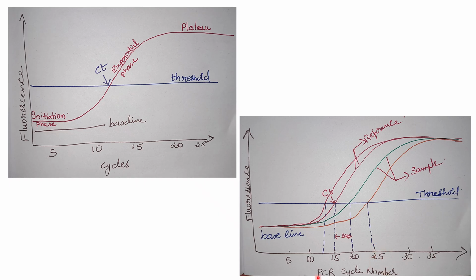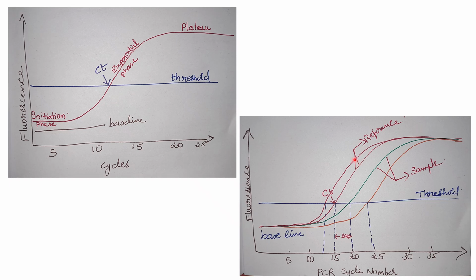So somebody is going to argue that your experiment is wrong. You cannot say your target sequence is always expressed more in the fruit just because it is showing a lesser PCR cycle number. Somebody is arguing like that. So what you do, you use a standard. So the standard is for normalization.